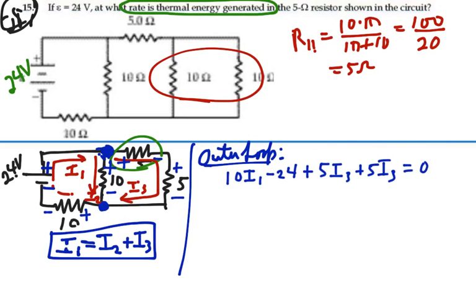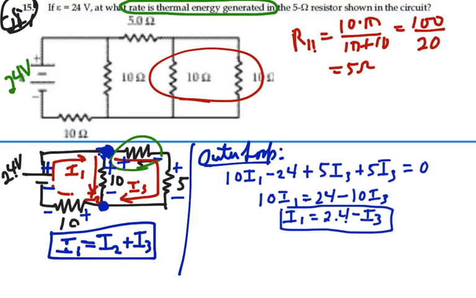I want to get I1 in terms of I3, so I have 10 I1 is equal to 24 minus 10 I3. Or in other words, I1 is equal to 2.4 minus I3. Okay, that's one equation.